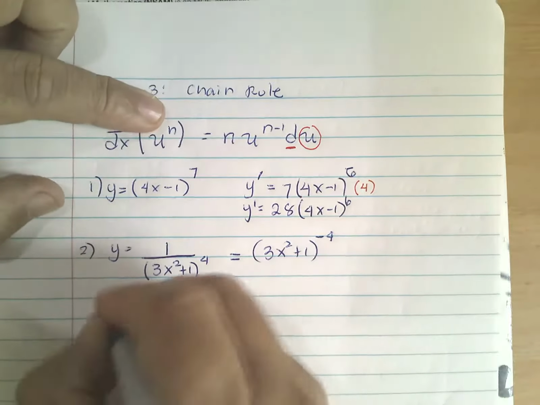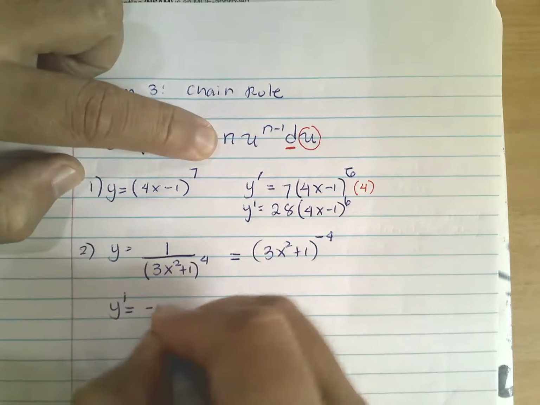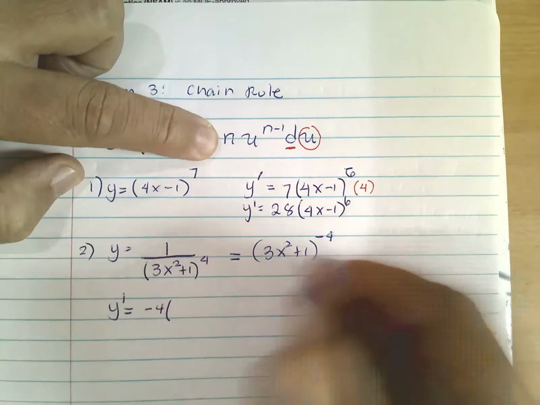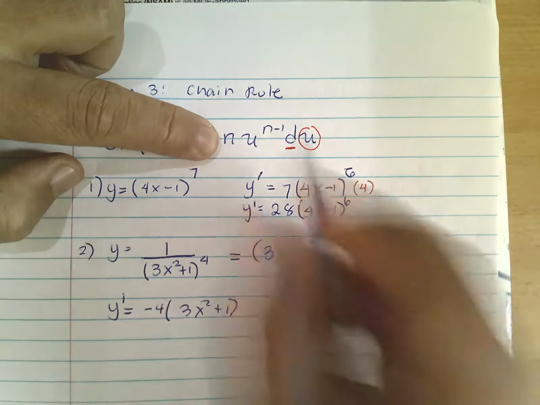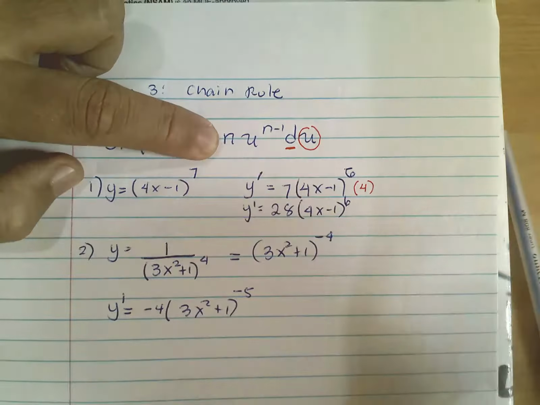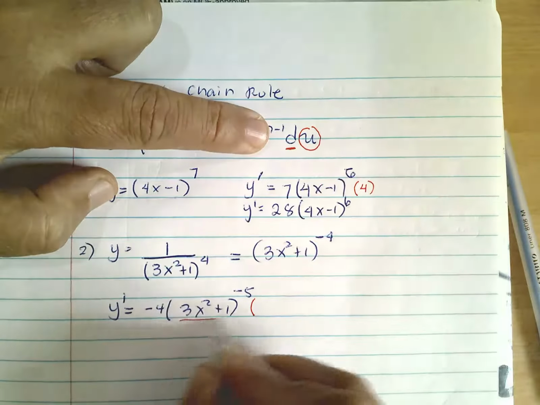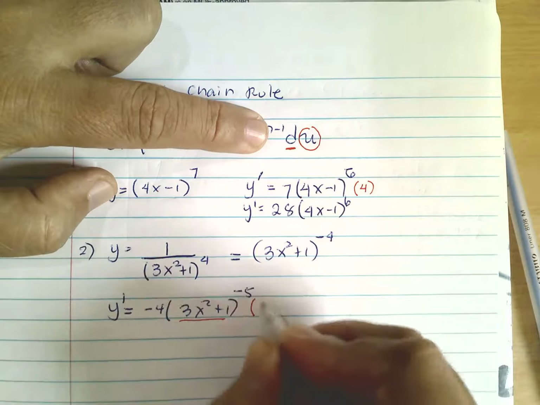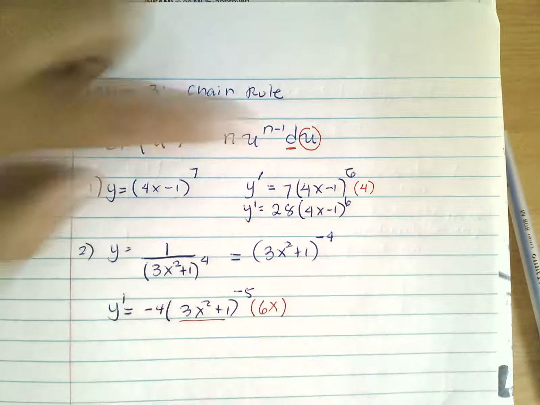So your y prime now is n, which is negative 4. Your function u, which is 3x squared plus 1. Negative 4 minus 1 is negative 5. And then times the du, the derivative of inside. The derivative of 3x squared is 6x. The derivative of 1 is 0, so you don't need to write it down.